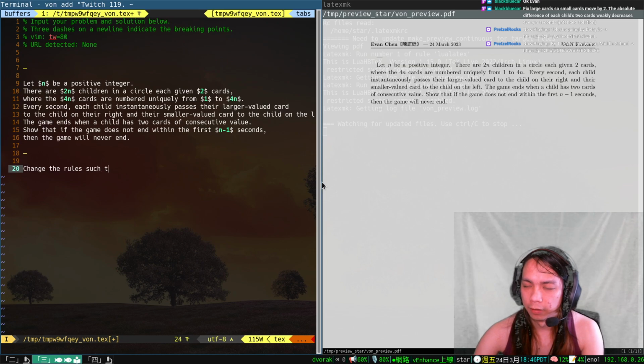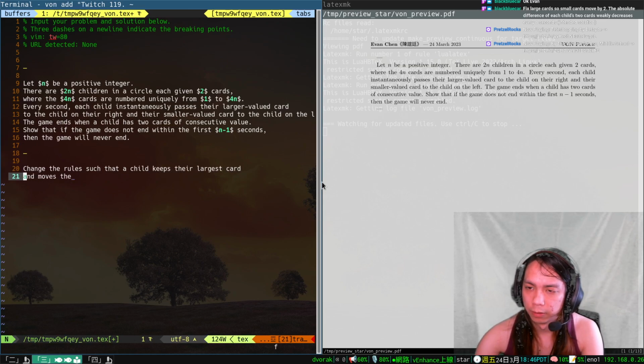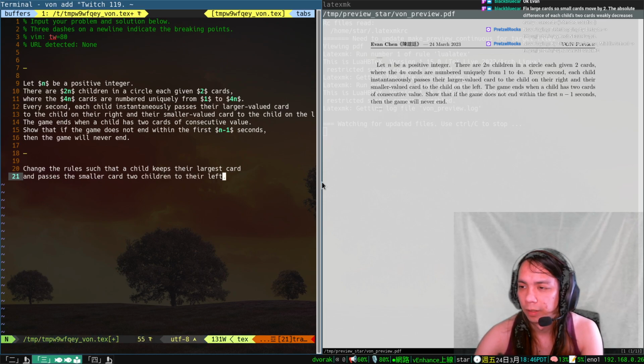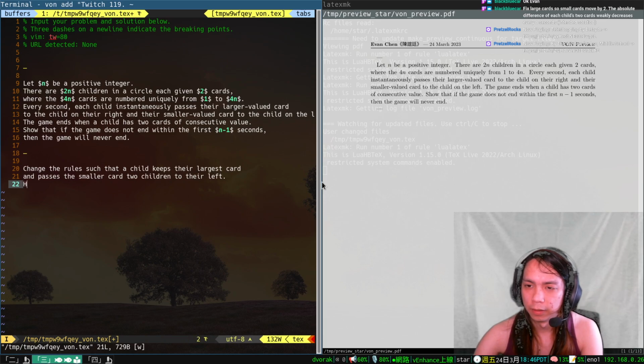Change the rules so that a child keeps their largest card and passes the smaller card to the child to their left. Hence the largest card.